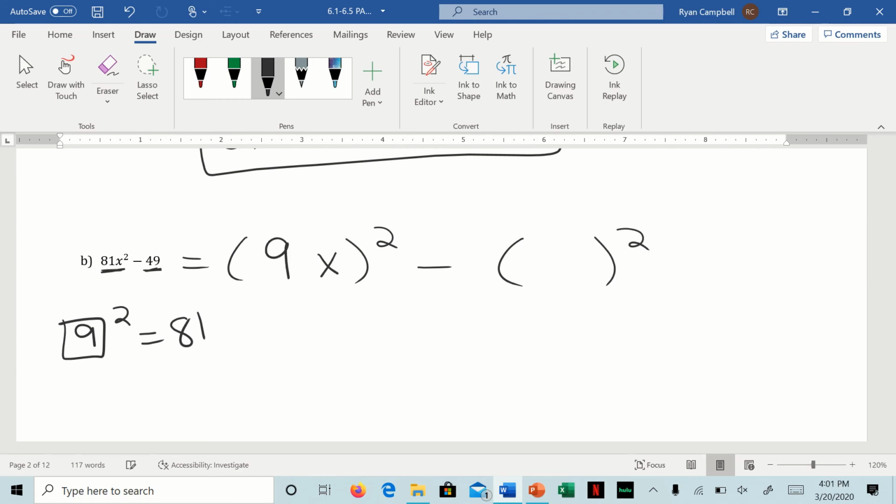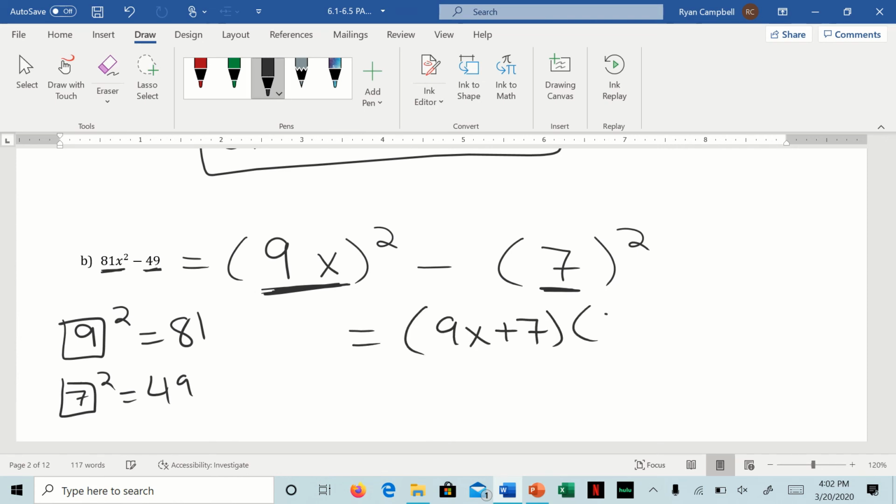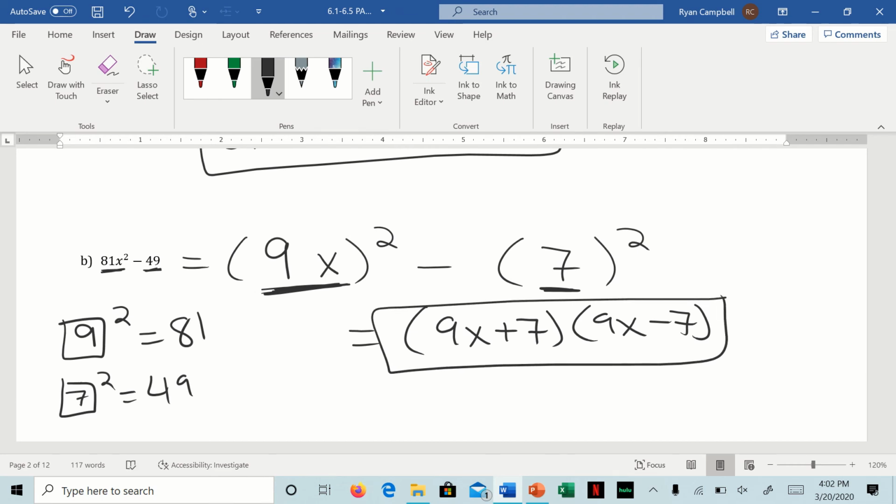And then what squared is 49? We should see it's 7. 7 squared is 49. Good. So our terms being squared are 9x and 7. So this is going to be 9x plus 7, 9x minus 7. And we're done. That's it.